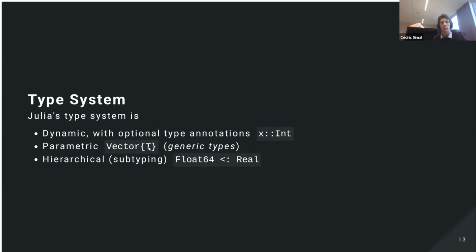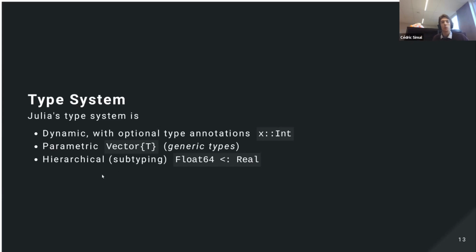For example, I can write a type called Vector{T}, Vector being simply a one-dimensional array, and T being some arbitrary type, which I don't care about. So this just means a one-dimensional array of type T. This means that you can effectively have generic types, which is a very useful feature that it's hard to get in C or Fortran, for example.